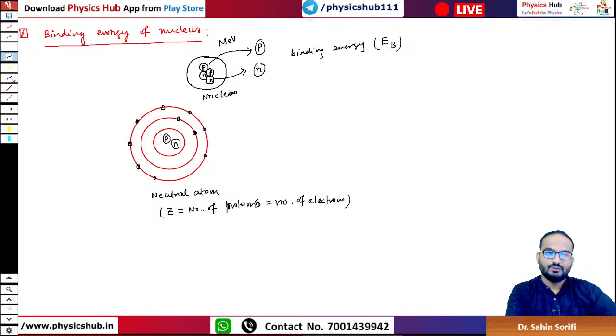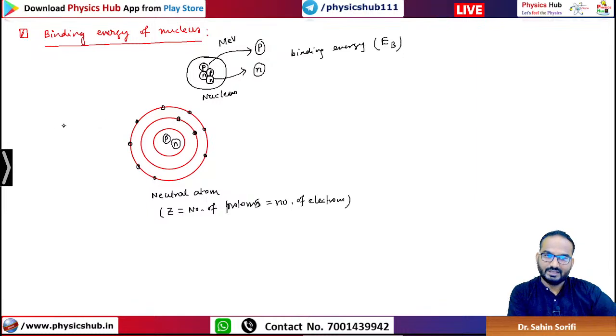Now what is the source of this binding energy? If you want to separate, we have electrons, protons, neutrons. I'm just showing you a few of them.